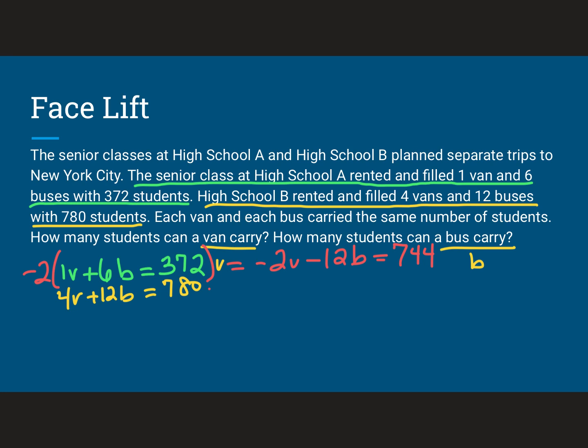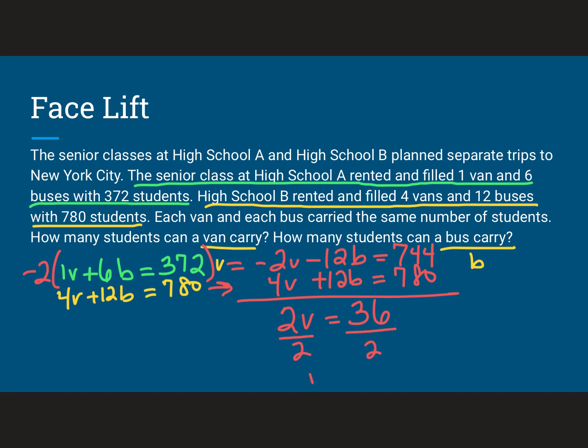We'll bring across the other equation, 4v plus 12b equals 780. When I add these up, I get 2v equals 36. Divide both sides by 2. I get v equals 18.